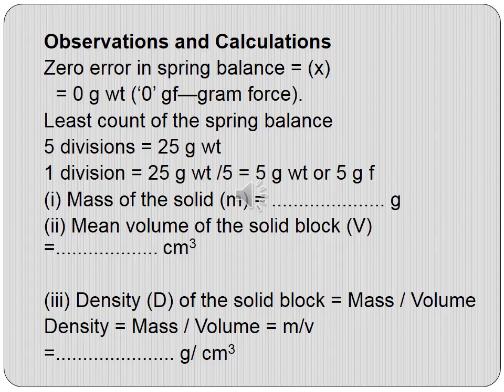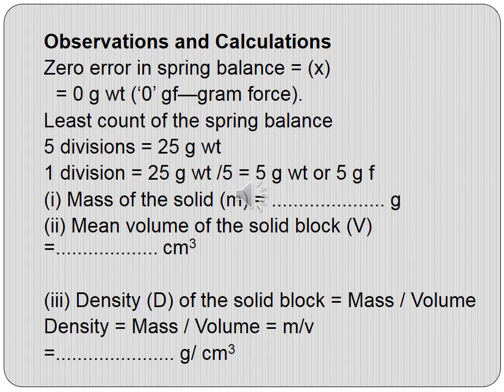Here, the spring balance has no error, that is, it is a non-zero error. So, it will be equal to 0 gram weight. That is, the error which is called zero error is equal to 0 gram weight or 0 gram force.